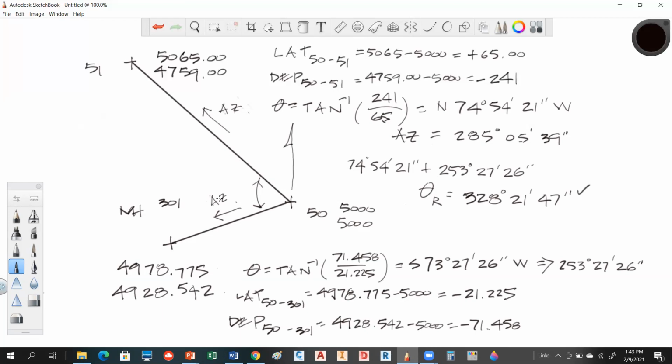How do we get the distance to the manhole? The difference. So I was going to say something, but I was going to say it wrong. Okay, that's all right. You can say it wrong. Now we're going to use the Pythagorean theorem. We've got latitude and departure from here to here.